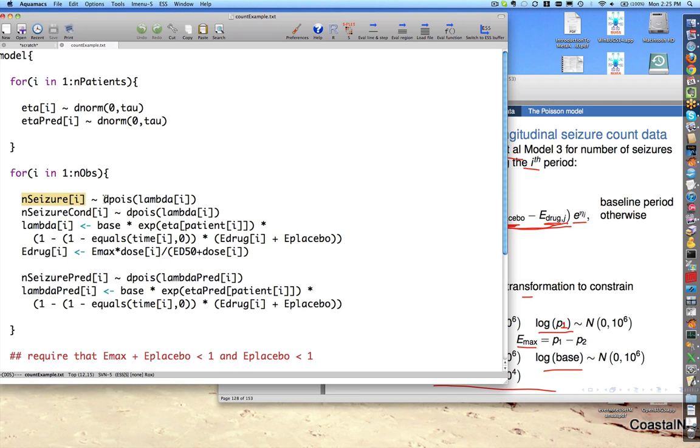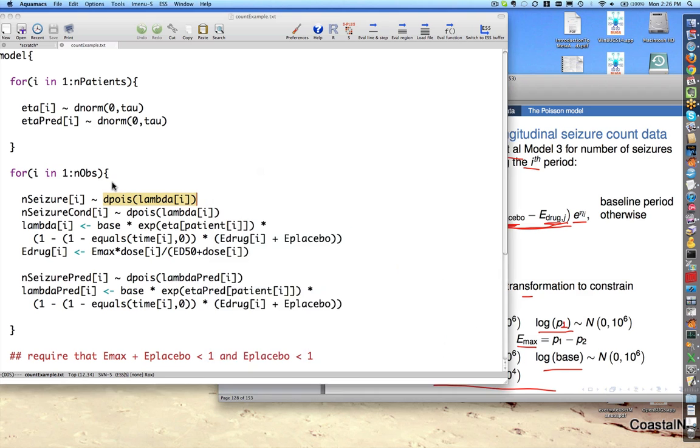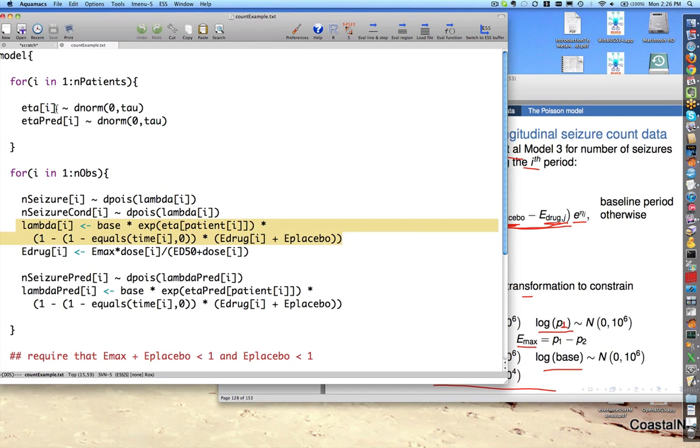And that's going to be distributed Poisson with some mean here, lambda i. And then the next step is to essentially represent what you see here for our lambda j, and that's what's going on right here. So we can see I've got base times our random effect term here. And recall again, we've got the basic trick that in our data set, we'll have a patient identifier, in this case called patient, which will be an integer from 1 to however many patients we have.